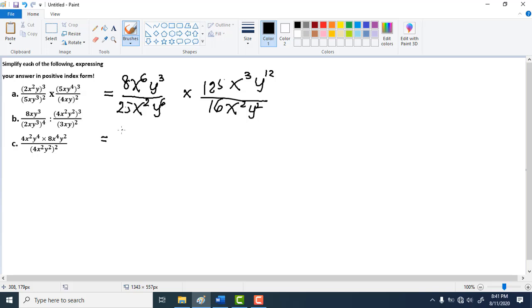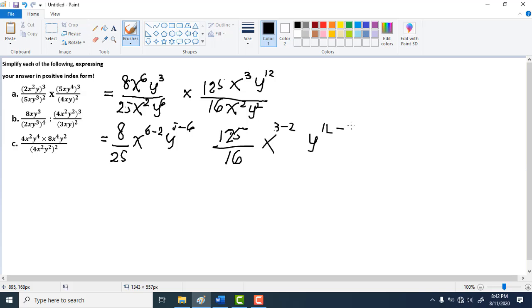Use the second law of indices, we have 8 over 25 x, division becomes subtraction, 6 minus 2, y, 3 minus 6, and then for this one, the number is still 125 divided by 16. x to the power of 3 minus 2, y to the power of 12 minus 2.